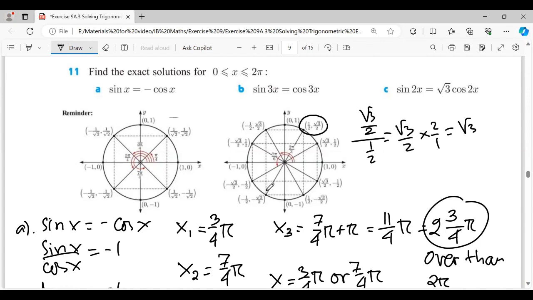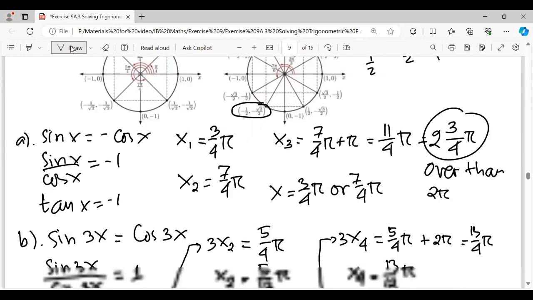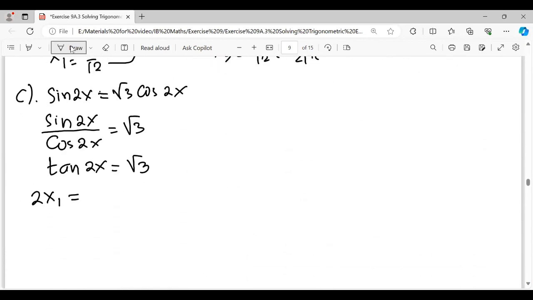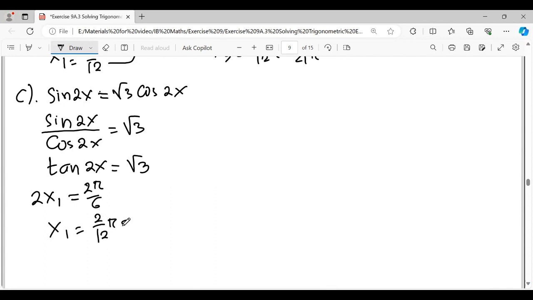So this one and this one as well. Okay. So 2 over 6 pi and 8 over 6 pi. So it means x1 equals 2 over 12 pi or pi over 6.